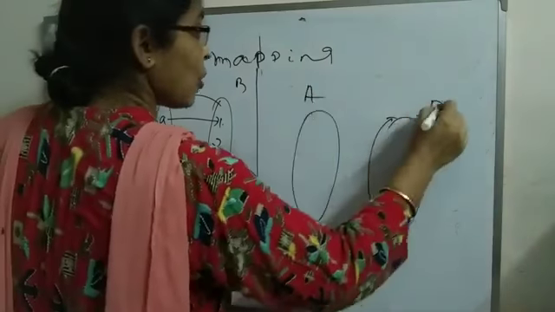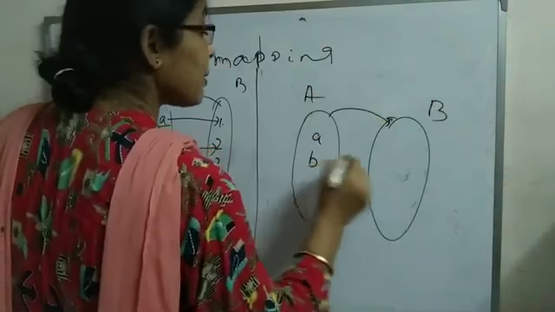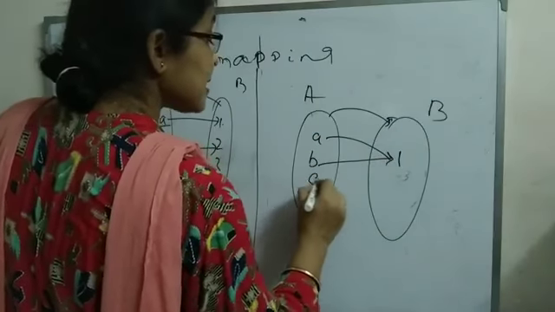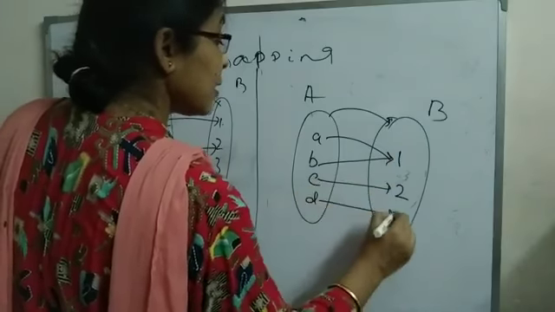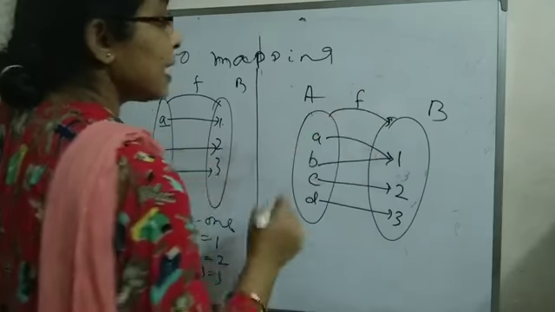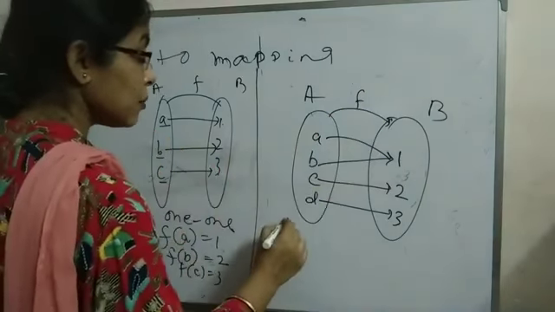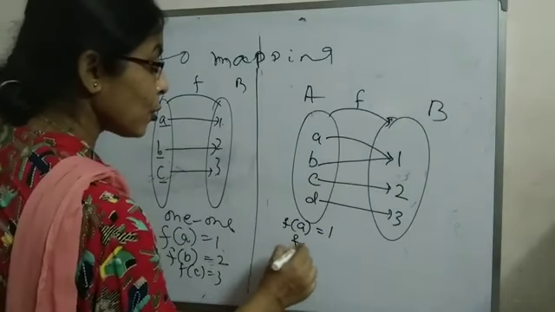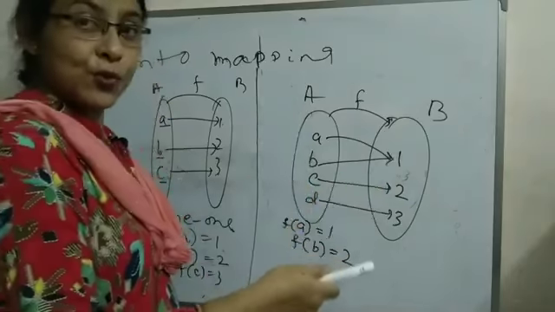And this is many-one. A: a, b, c, d; B: 1, 2, 3, by F. This is many-one onto, because a goes to 1 and b goes to 1.